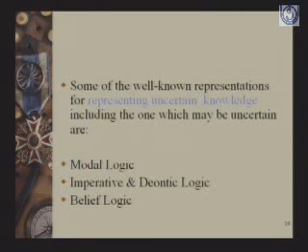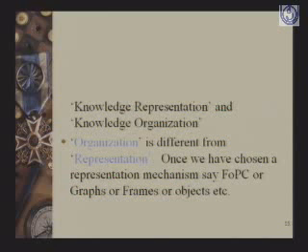Certain means it depends upon the person under consideration whether he knows the fact for sure or not. I hope you understand the difference. So, for representing uncertain knowledge, we have at least three frameworks: modal logic, imperative and deontic logic, and belief logic. Time permitting, not today of course, we will be discussing these also sometime later on.